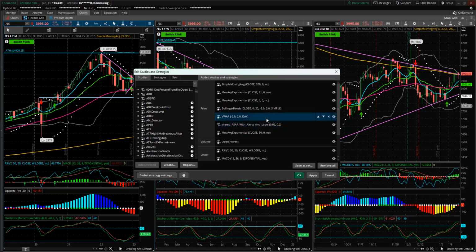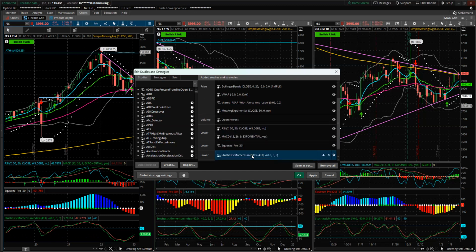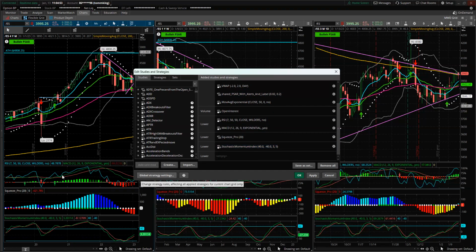The VWAP I'm obviously not using on these longer charts. Standard PSAR, 0.02, 0.2, and then the 50 exponential. Down below, you've got the RSI, which I'm using the 7, and then 50-50 on that, and then the MACD standard 12, 26, 9 exponential.